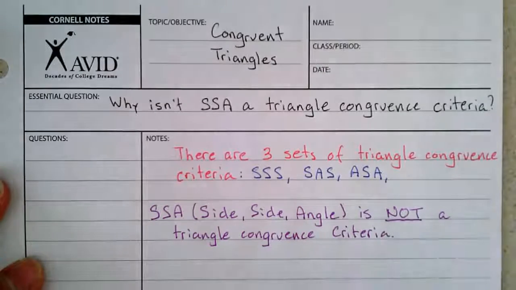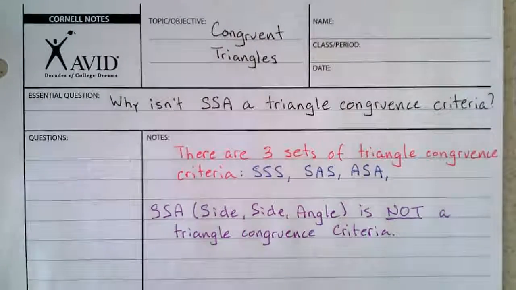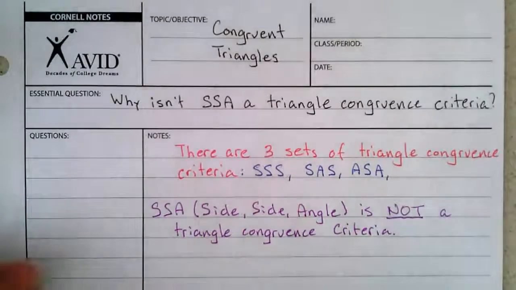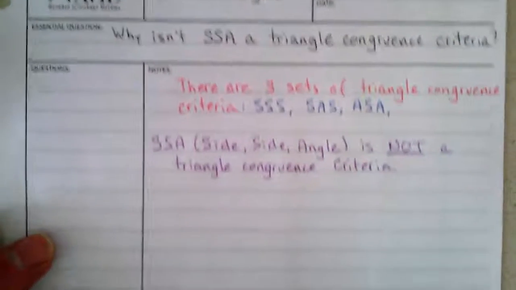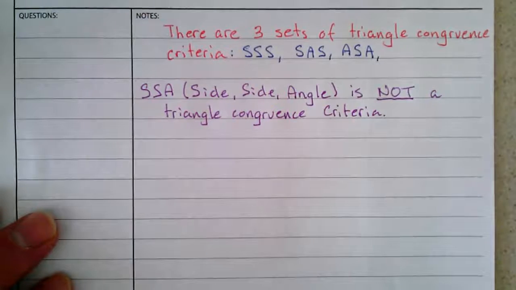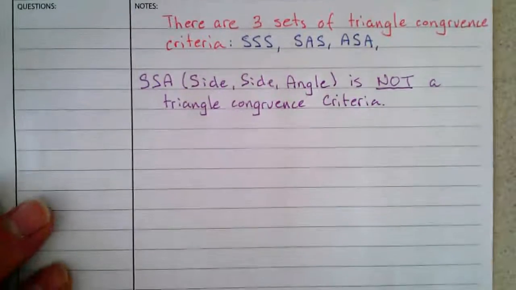So, knowing that 2 sides and a not included angle from one triangle are congruent to 2 sides and a not included angle from another triangle is not enough to conclude that the 2 triangles are congruent. So let's take a look at an example.